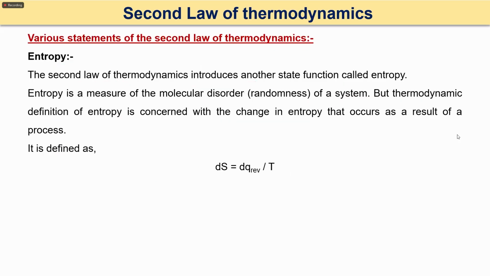So, what are the various statements of the second law of thermodynamics? The first one uses entropy. The second law of thermodynamics introduces another state function, that is entropy. So what is entropy?